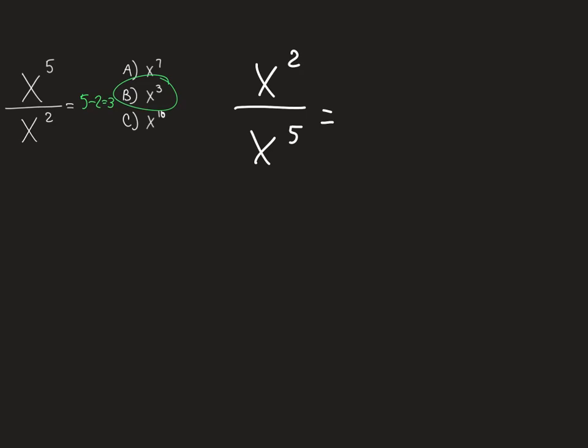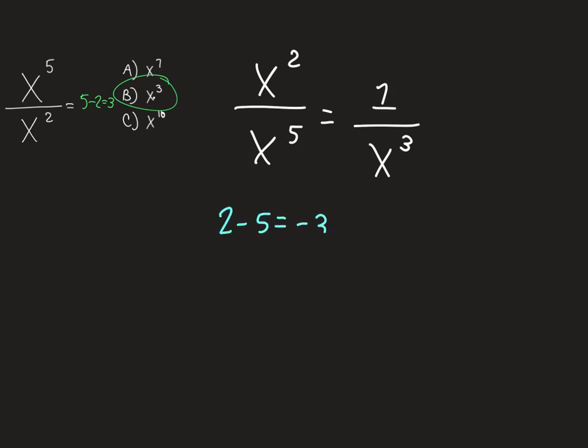You can either think it's still going to be x to the 3rd, but it's going to be x to the 3rd that's in the bottom, because the bigger guy is in the bottom. 5 minus 2 is 3, so x to the 3rd's got to live in the bottom. Well, we have to have a numerator, so what numerator can we pick that doesn't change things? 1.